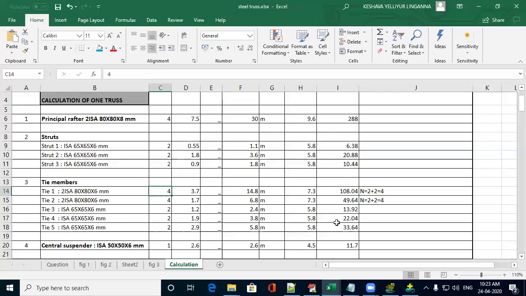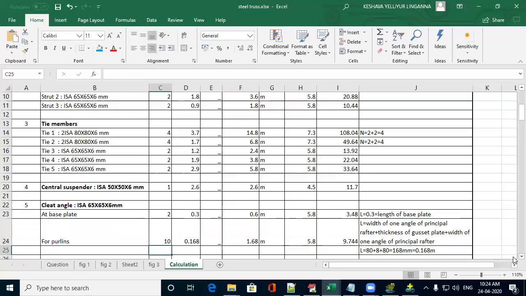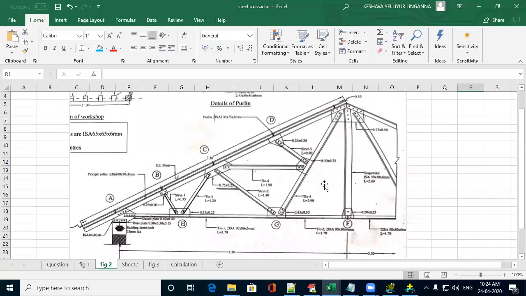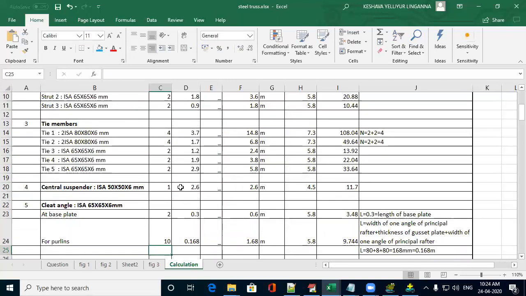This you will get. And coming to the suspender, the next part is the central suspender, and this detail is also taken from the data. They have given 50 by 50 by 6, and the length is also given here. The same thing I have taken for the calculation. Remember it is only one number, no two numbers.